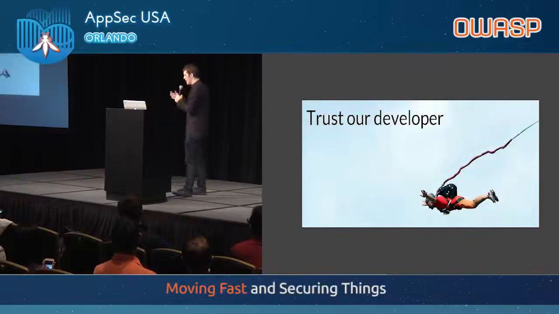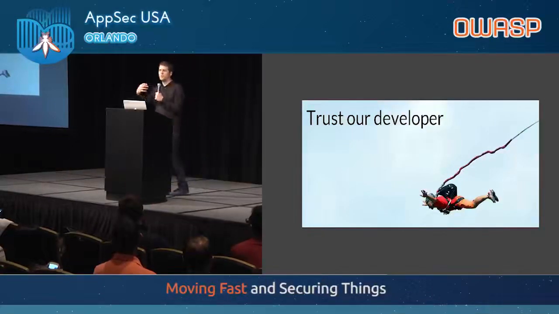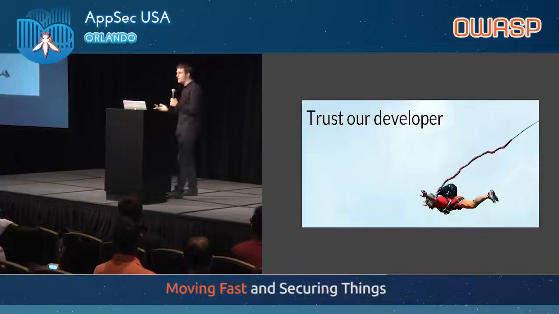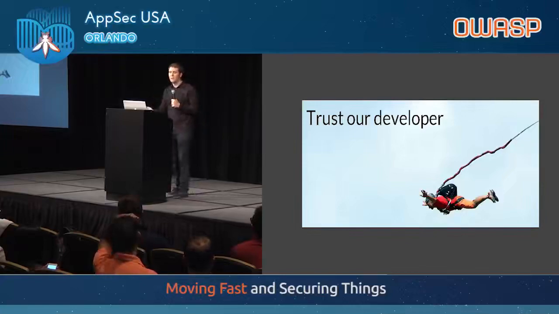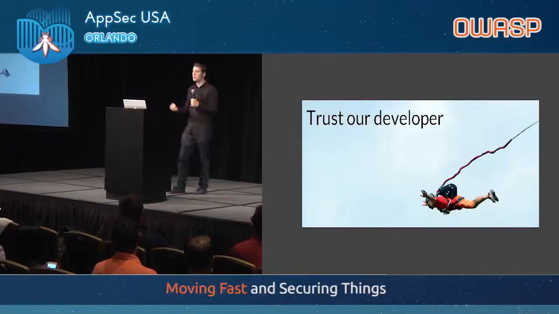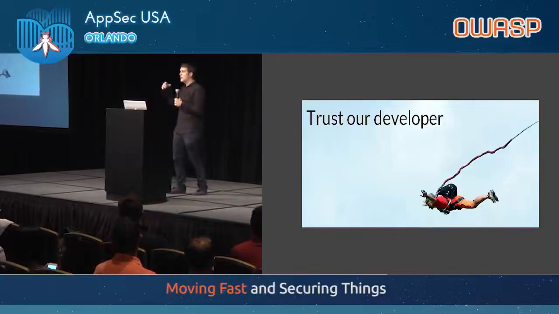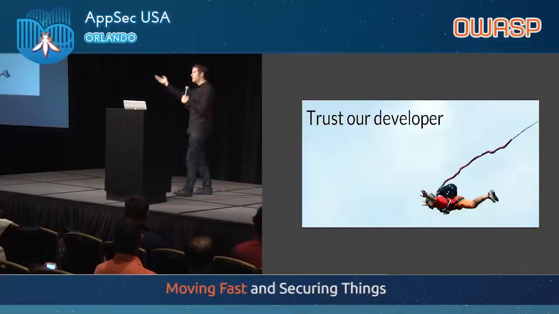So with that in mind, we also have a culture of trusting our developers, and we've tried to build that further through our SDL. We expect good security from the application development team, but we want to help enable them to be secure by default. We don't see our developers as not being capable of writing secure code. We don't see this as a hand-holding thing. We want to trust them so they trust us.